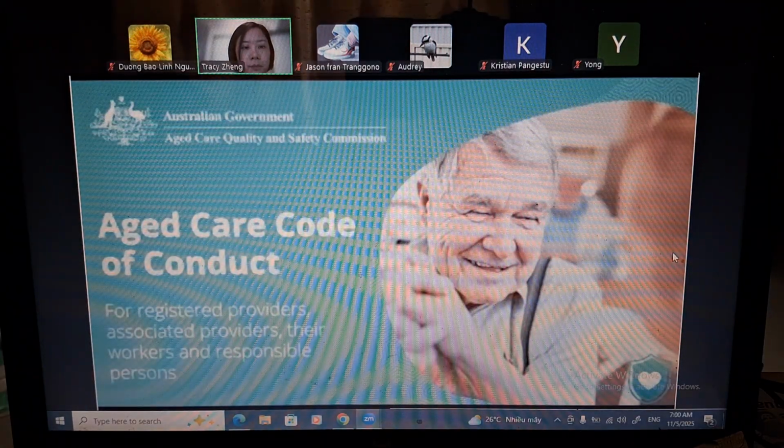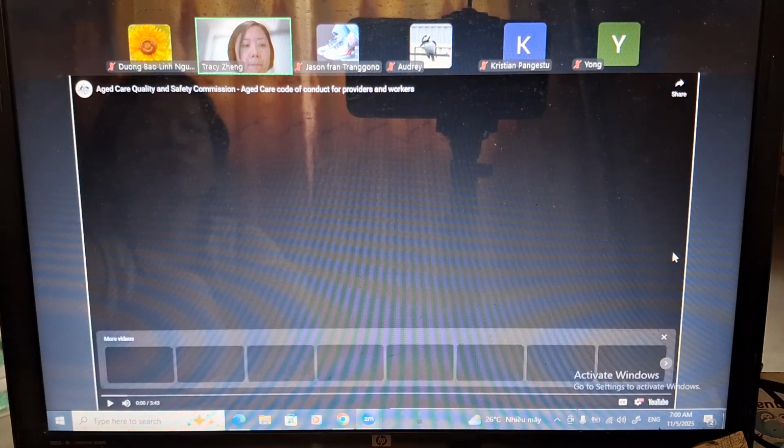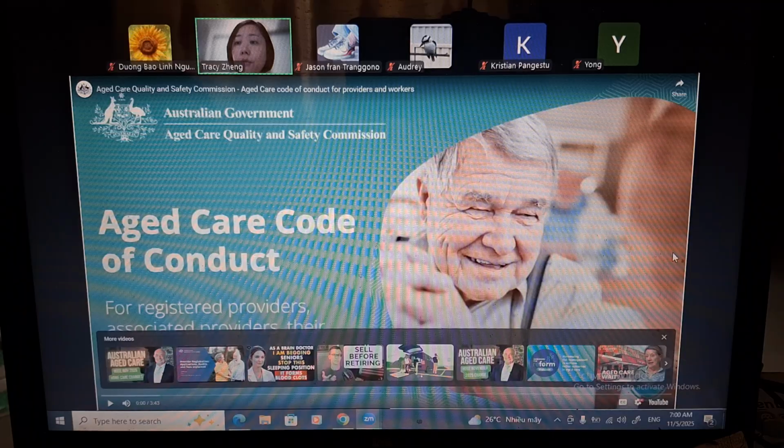I would like all of you to take some notes and write down what the codes of conduct are for working in aged care, and what the expected respectful behavior is that all of us should have when working in aged care. Please take some notes. That is really important.